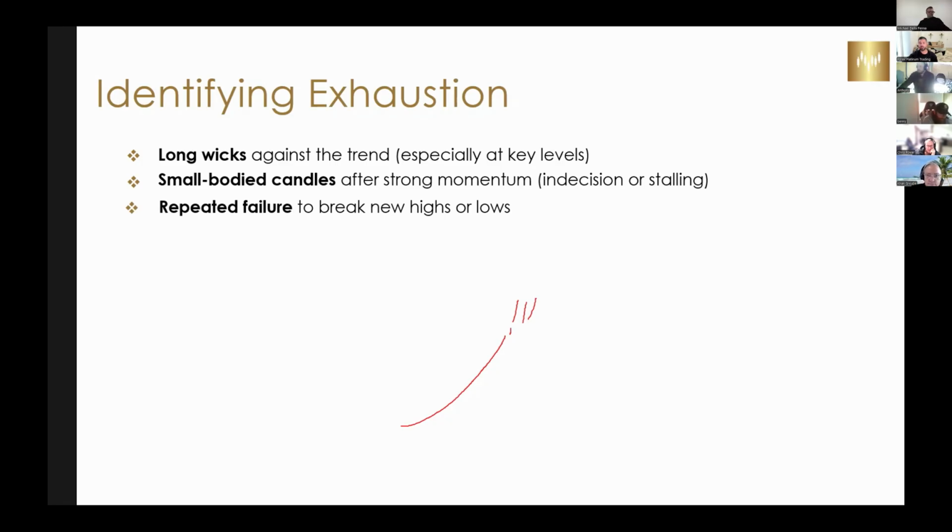So you might see price moving up, dropping, moves up, drops, and then goes like this. And it's not really breaking any new highs. So we're starting to see price stall at where that previous high was.